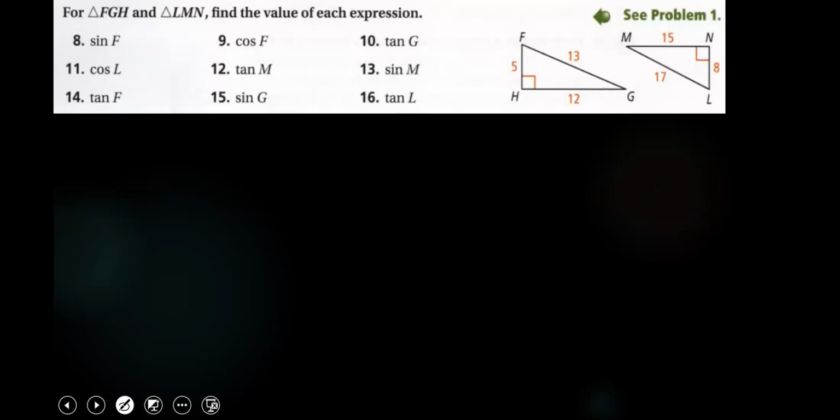Teacher, what's the difference when they say sin F, cos L and tan F?